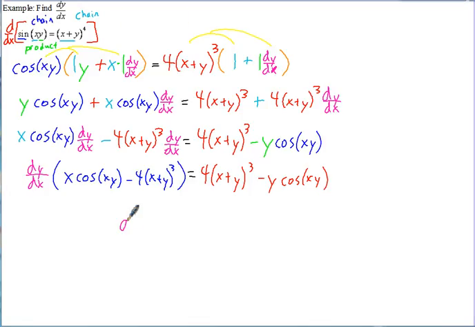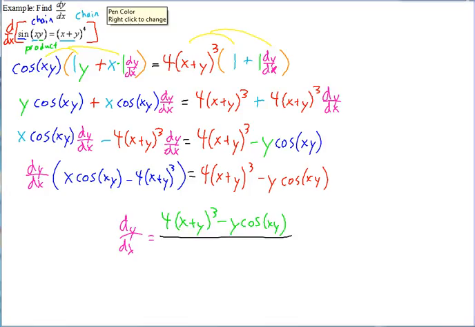So our derivative, dy/dx, would be 4(x plus y) cubed minus y cosine of xy, all divided by x cosine of xy minus 4(x plus y) cubed.